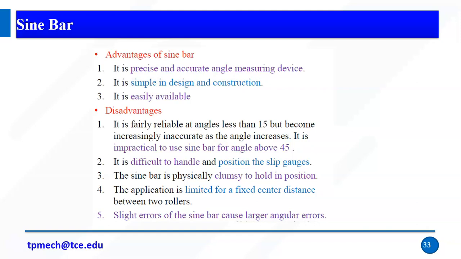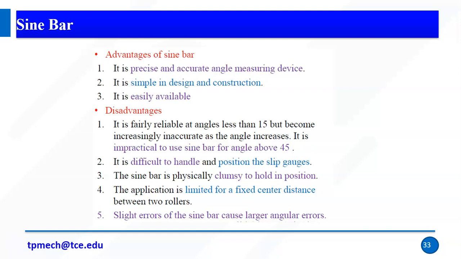So the sine bar's main limitation: if the angle is less than 15 degrees, we can easily measure. With larger angles, accuracy reduces. If the angle is 45 degrees, it is very difficult to measure, because the slip gauges may slip or we cannot hold them in other cases. So generally it is precise up to 15 degrees.